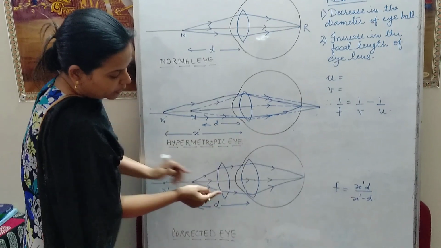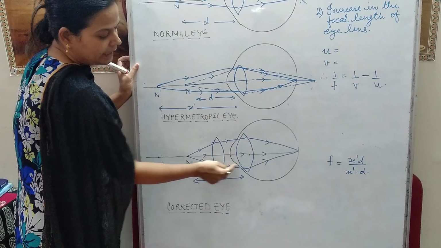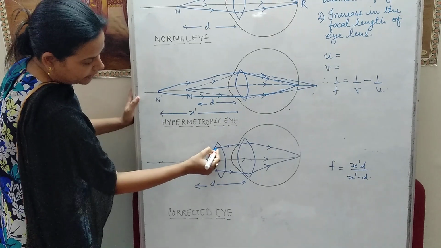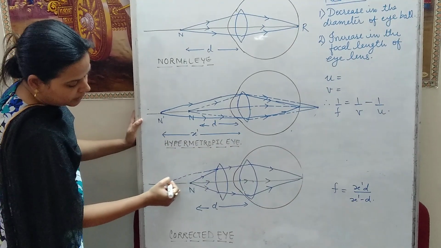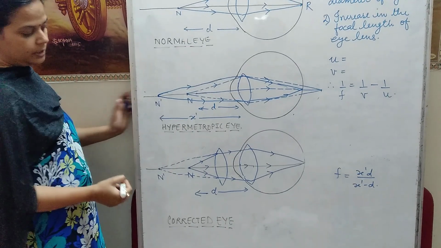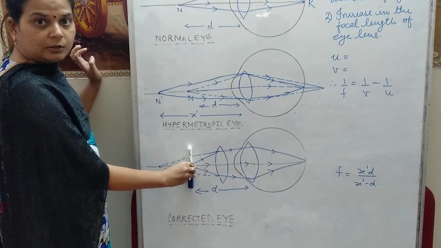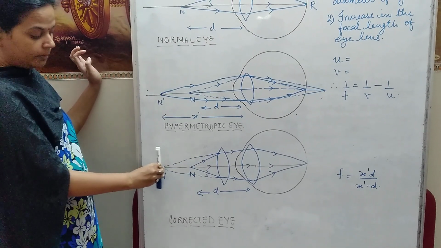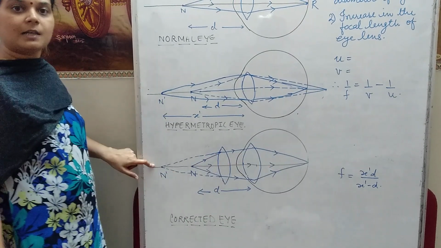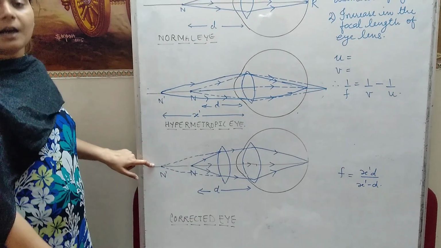It will move in this direction and fall on the eye lens from this direction, and our eye lens will depict it as coming from this point. So the image of the object placed at N will be formed at N dash, and we will be able to see the objects clearly. So this is the way how convex lens is used to correct the defect.